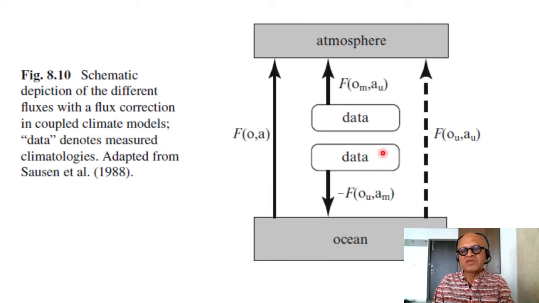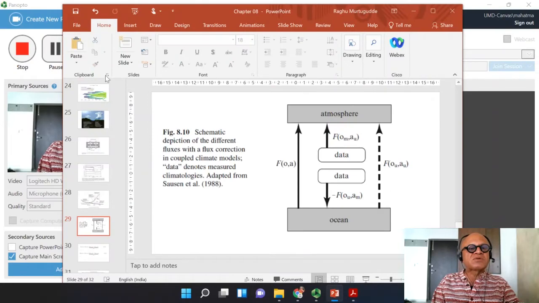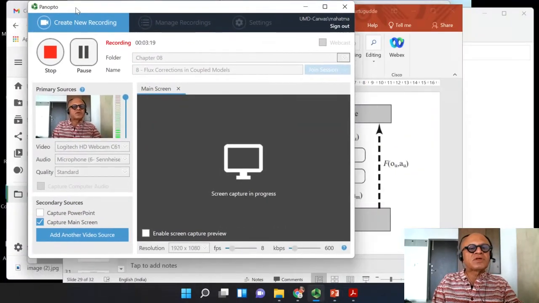But in terms of what the atmosphere sees and what the ocean sees, one can use the observed ocean state and the simulated atmosphere to give it the fluxes, and the ocean can take variables that are modeled and observed. Okay, so let me make sure I'm using the terminology correctly.